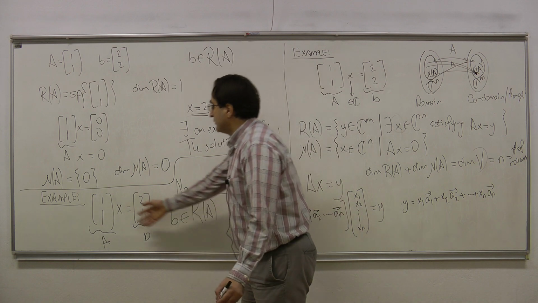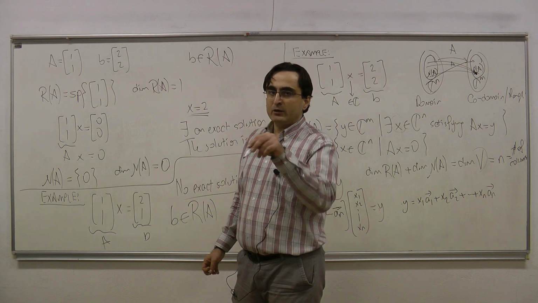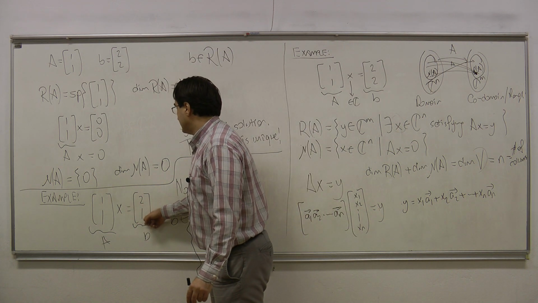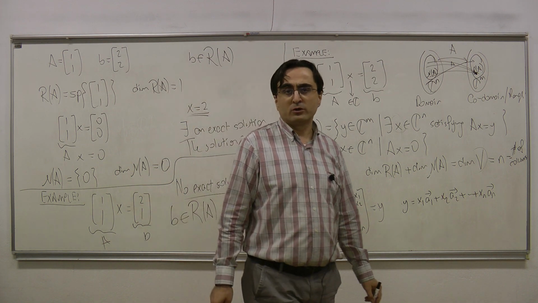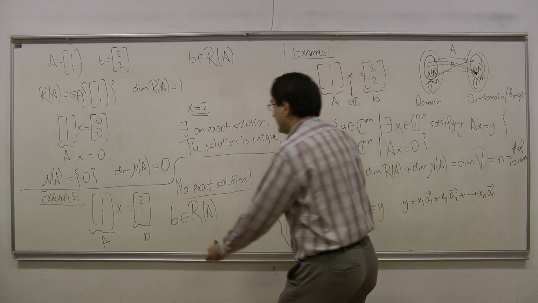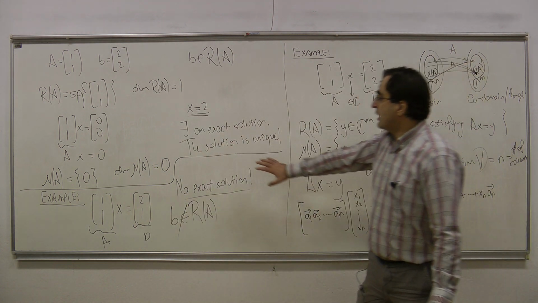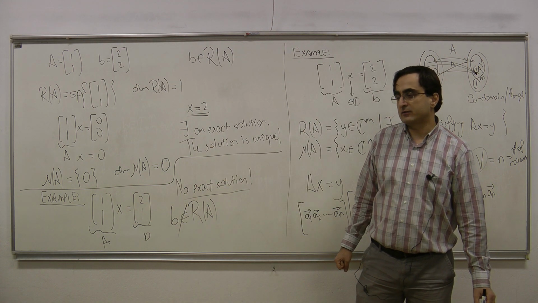The answer is obviously no. Any linear combination of this single column would have equal elements, alpha and alpha. Since its elements are not equal to each other, this vector is simply not in the range space of A. That is why there exists no exact solution in this case.